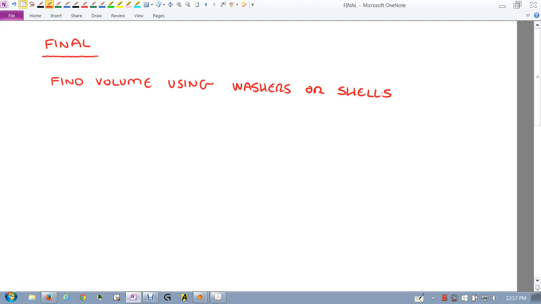So you do need to be able to do one of those problems where, hey, here's a region, rotate it about this, find the volume, and compute it the whole way, all right? Not just set up, compute the whole thing.